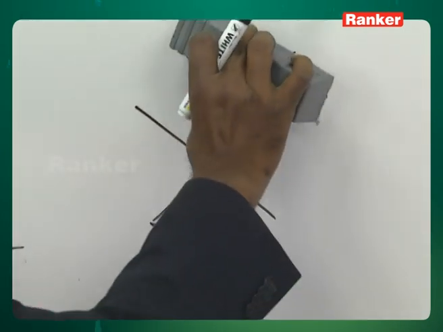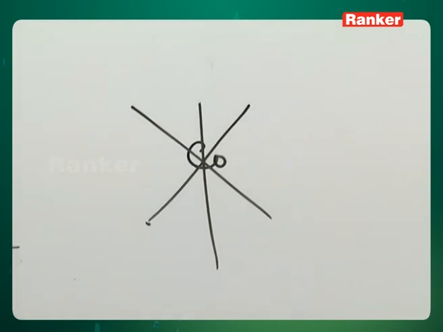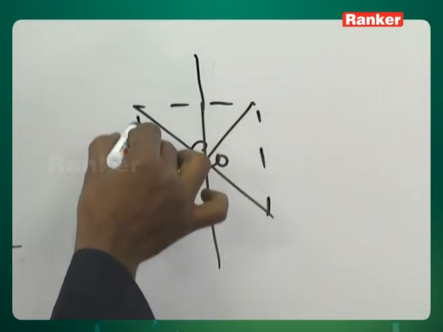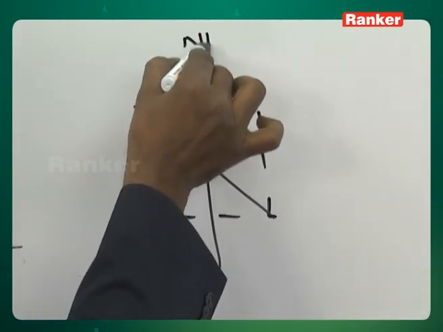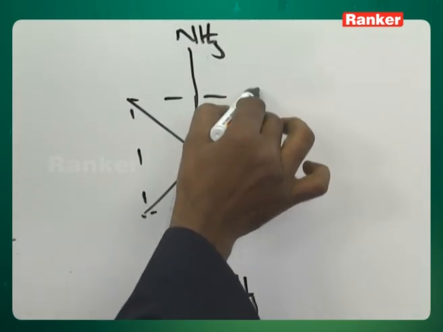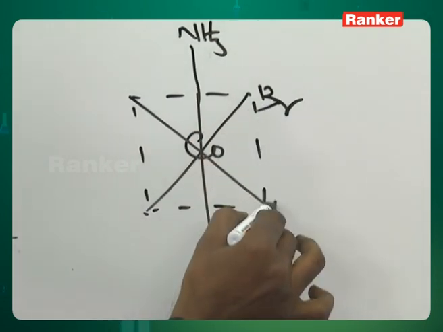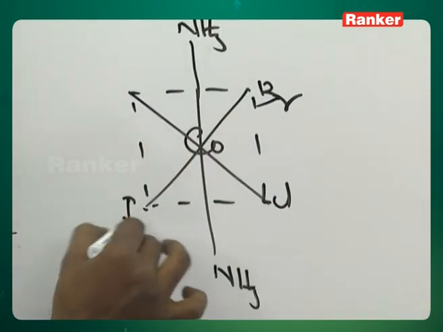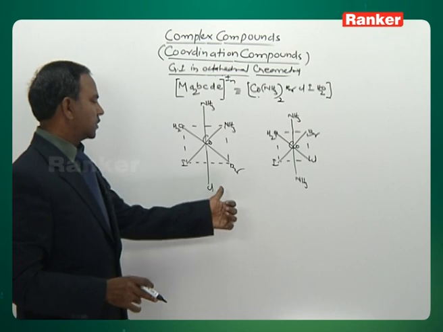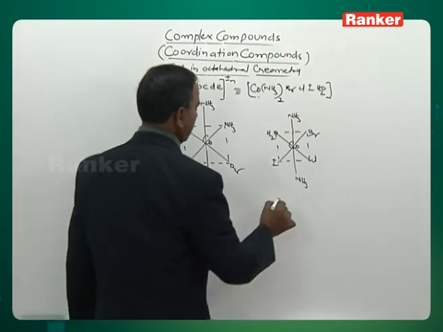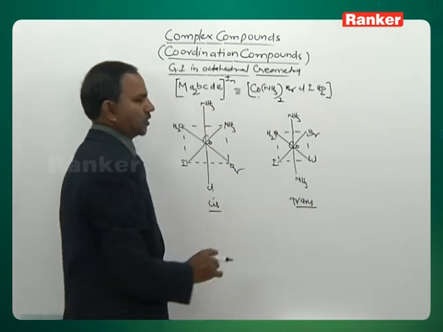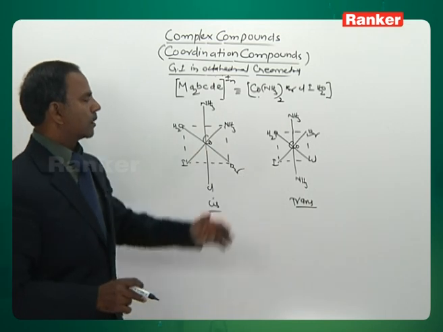Once I kept in cis, next I am writing the trans position. Write whatever you like. This is Br, Cl, and iodide, and you take H2O. Like this, this is representing cis. This represents trans. One is cis, the other one is trans. Two possibilities.